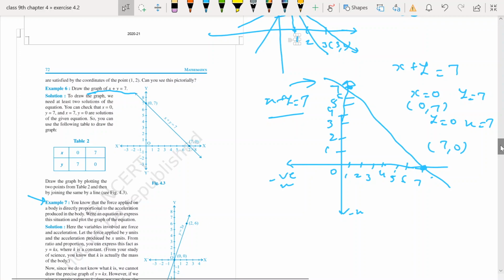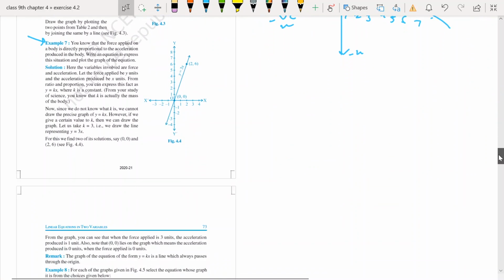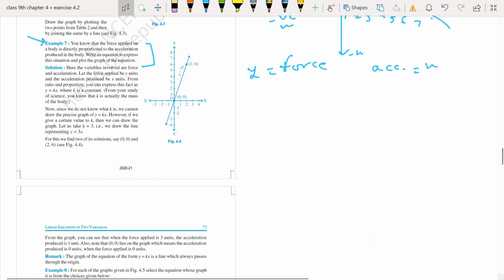Example number 7 says you know that the force applied on a body is directly proportional to the acceleration produced in the body. So let's consider the force as y and it's directly proportional to the acceleration, and we assume acceleration as x.